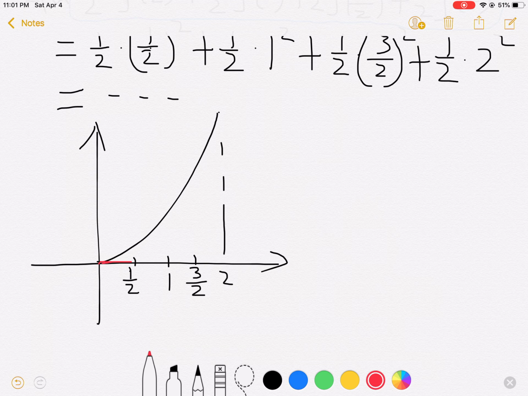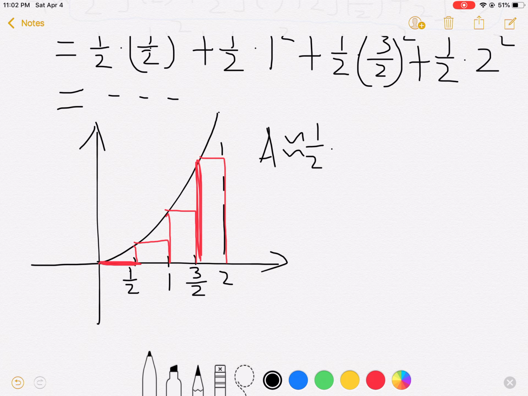So here, this is the first rectangle, which is just a line. We use the left endpoint as its height. So the area can be approximated by 1/2 times f of 0, right?